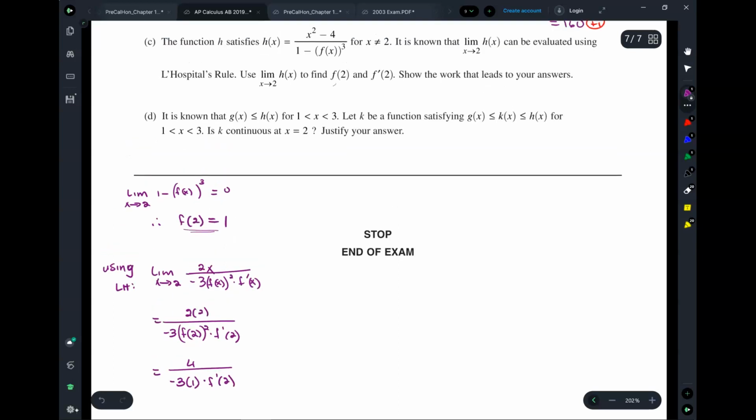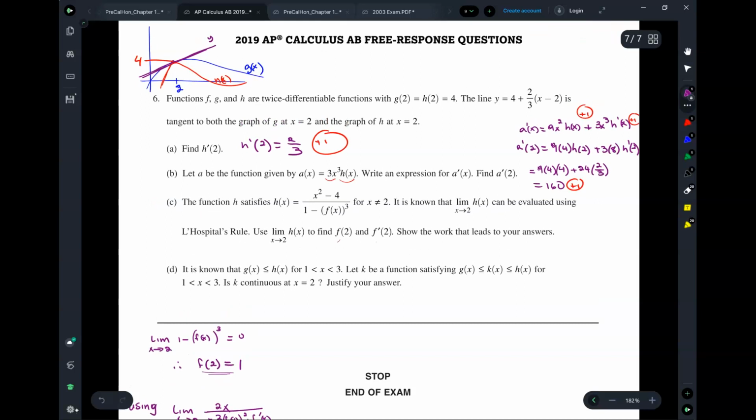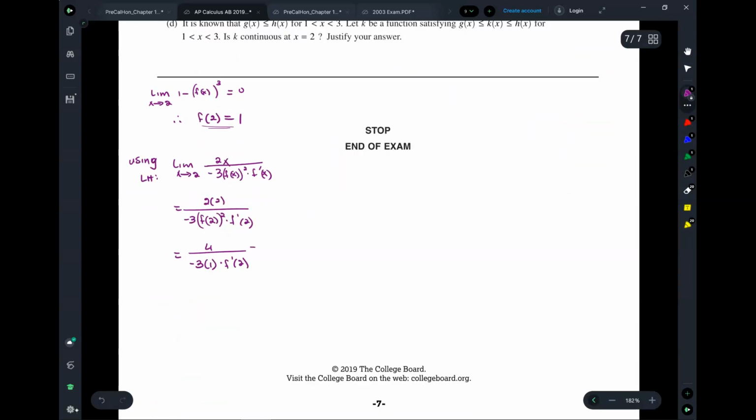This is the limit as x approaches 2 of h of x, correct? And what is the limit as x approaches 2 of h of x? 4. It's equal to 4. Okay, so the limit as x approaches 2 is equal to 4.